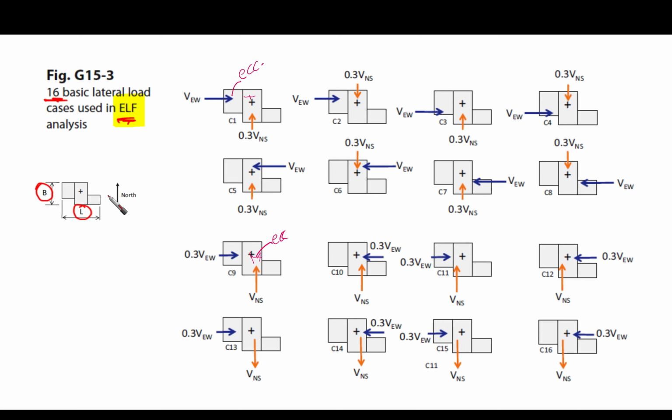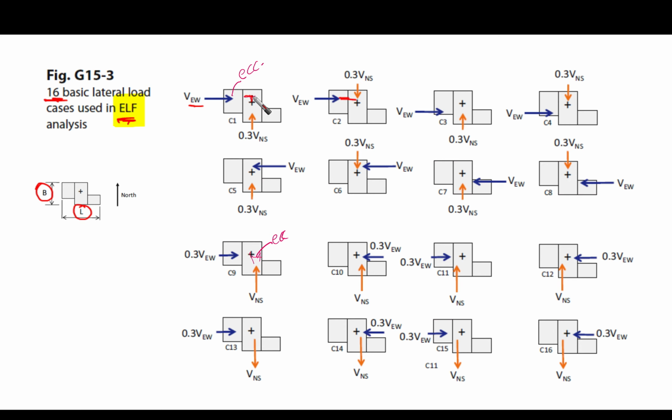So the cases that we need to apply: if we are assuming that we are going to apply two simultaneous load directions, we are going to talk about the load direction in minutes. So we need to apply the force from the east, this is the east-west direction, with some eccentricity here. There is some eccentricity here, as you can see.